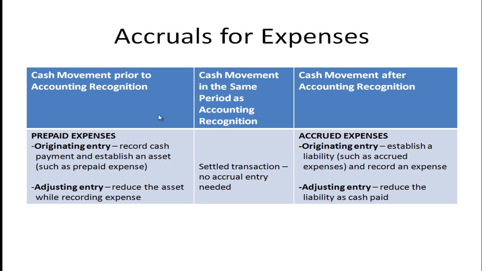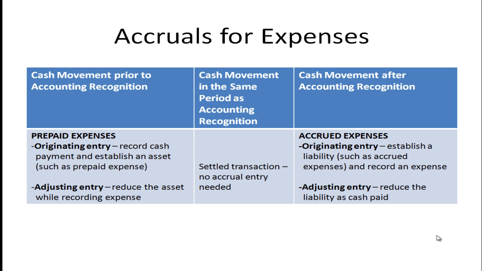Every month you've used up some of that insurance premium. You can also have the cash movement after accounting recognition for expenses as well. So in this case, we establish a liability such as accrued expenses, and then we record an expense. We reduce the liability as the cash is paid.